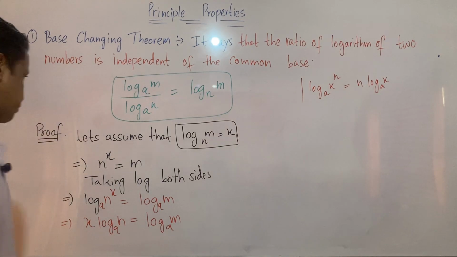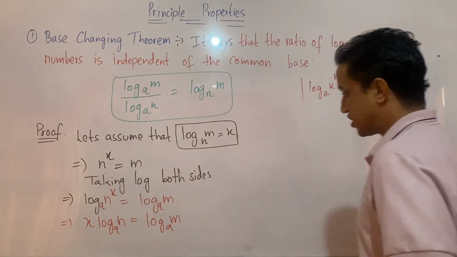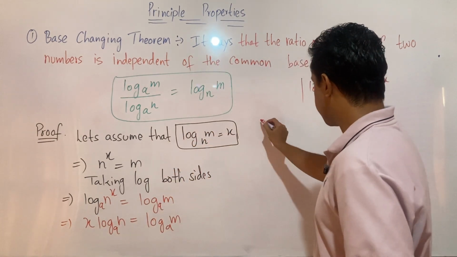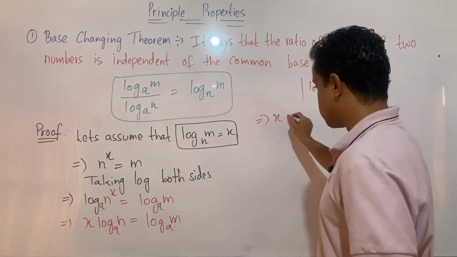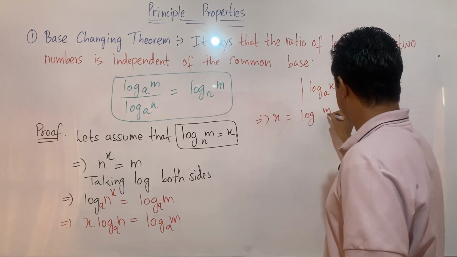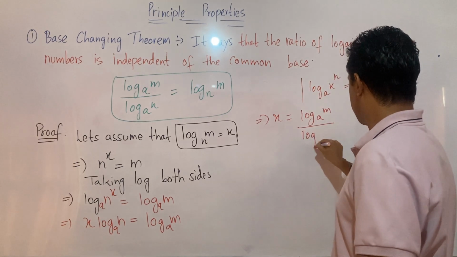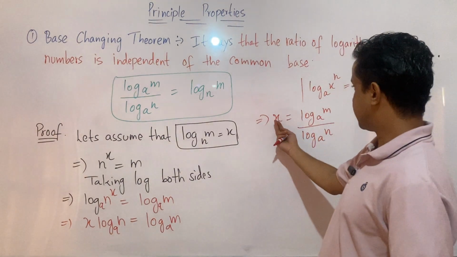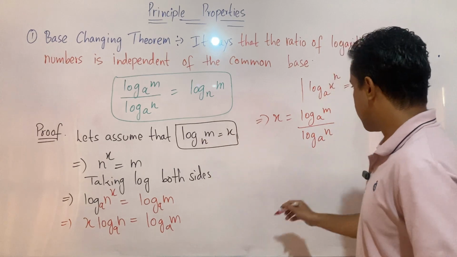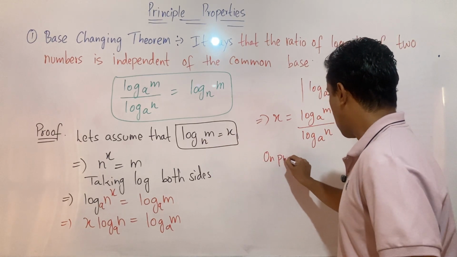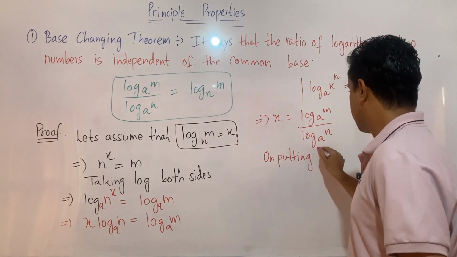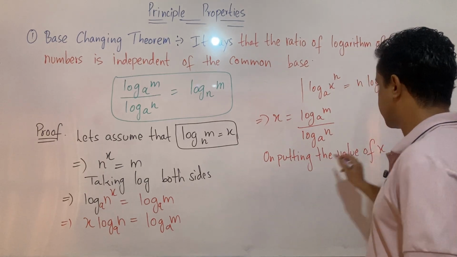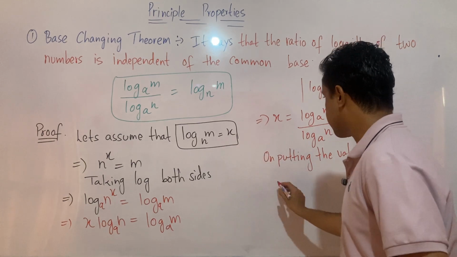Now I will bring this term over, which implies x equals log m to the base a by log n to the base a. And what is x? On putting the value of x, what we will get?